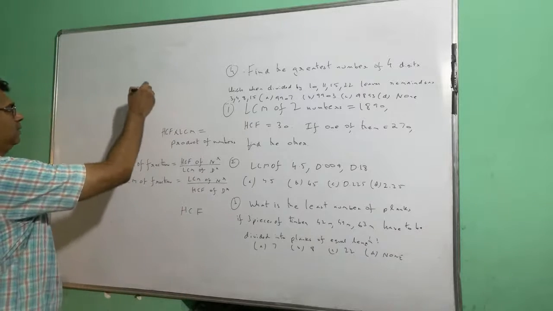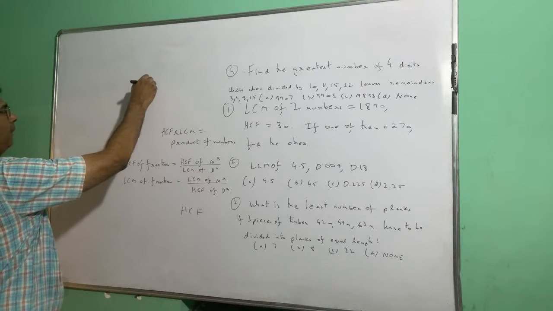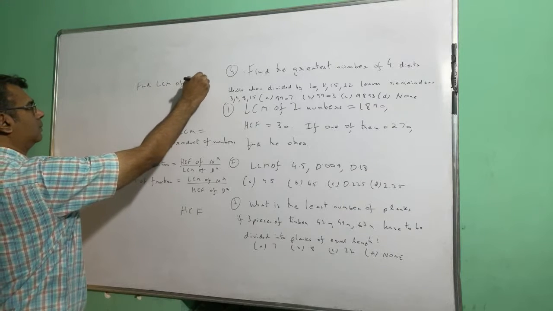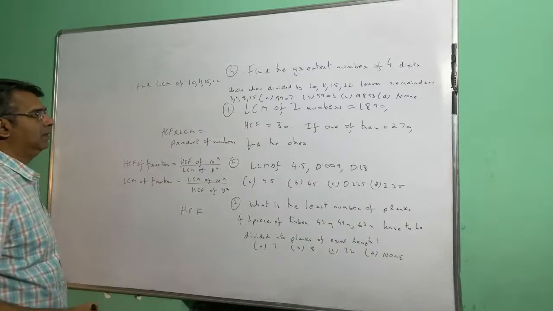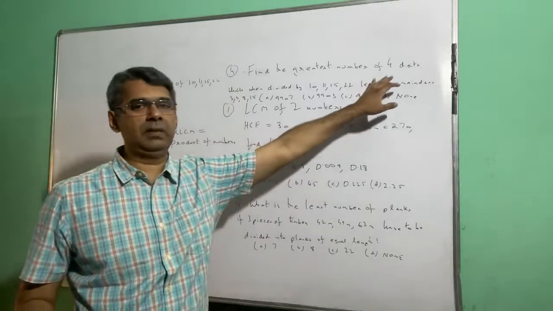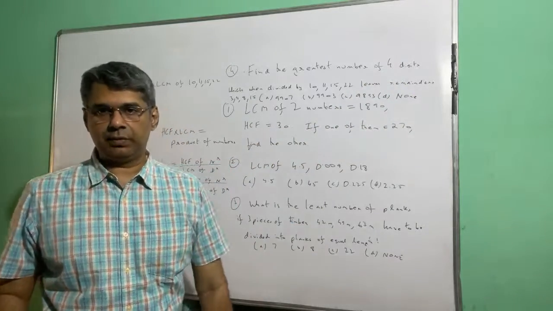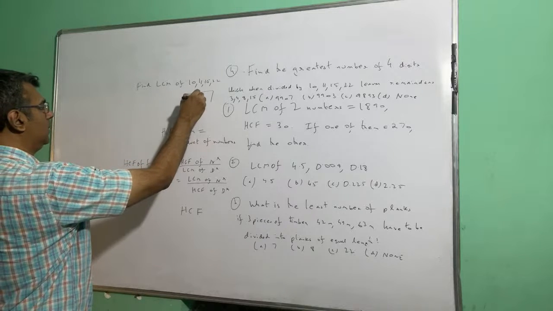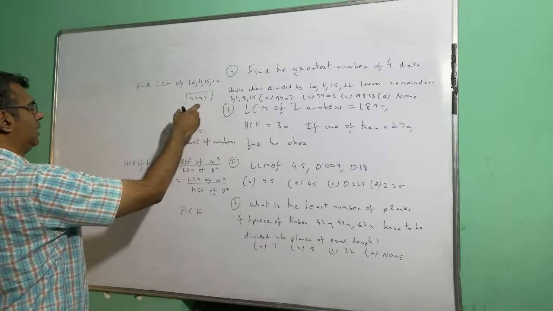So first find the LCM of 10, 11, 15 and 22. Now ask yourself which is the greatest 4-digit number. The greatest 4-digit number is 9999, four times 9.